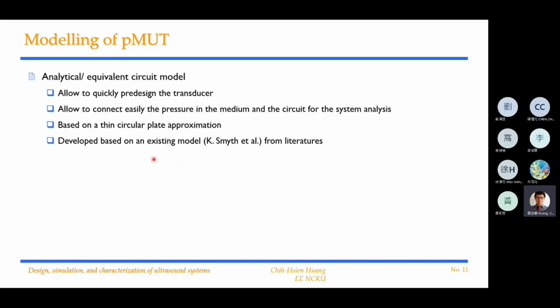And the model we are going to introduce is based on the existing model we call the K-Smith model. We gathered a lot of literature and will try to introduce how to use this in your research.